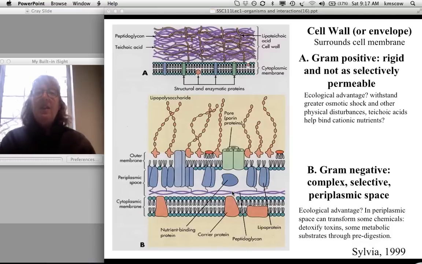So that's the main difference between gram-positive and gram-negative: gram-positive has this very thick peptidoglycan layer that is what is stained and what you're looking at for retaining color when you look at it under a microscope, which is outside of the cytoplasmic membrane. And it's made of both organic materials and minerals that make it very, very strong.